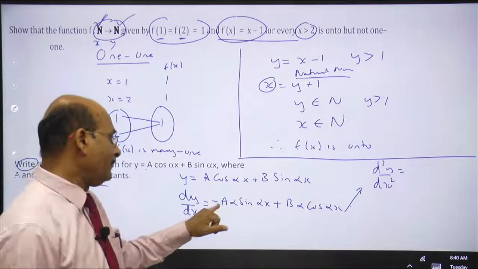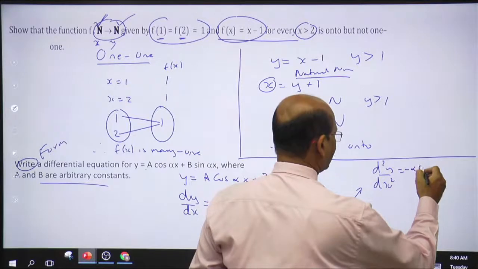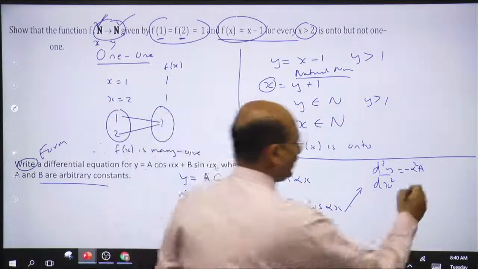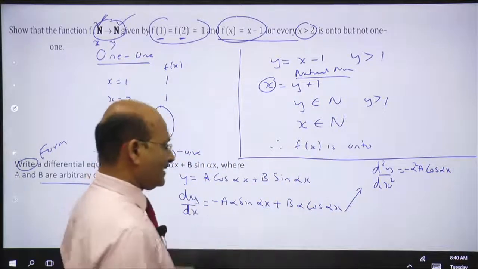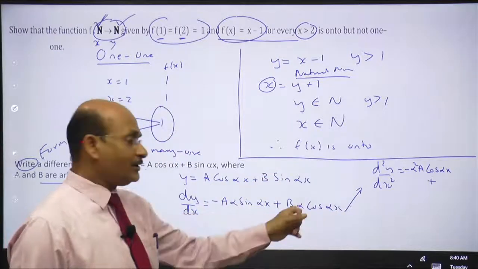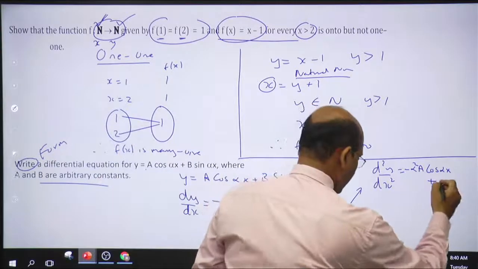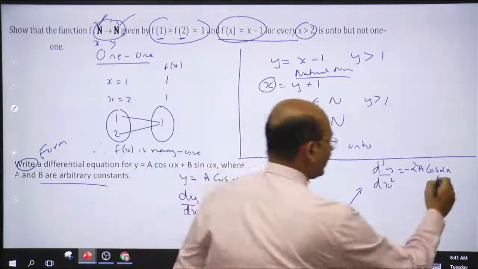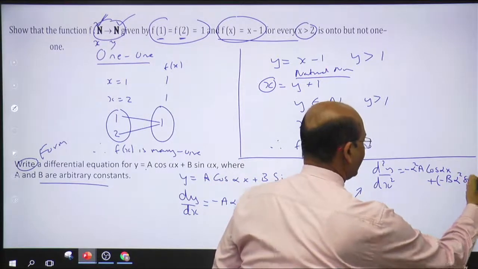So this will become minus alpha square a cos alpha x, plus, since the derivative of cos alpha x is minus sin alpha x, minus b alpha square sin alpha x.